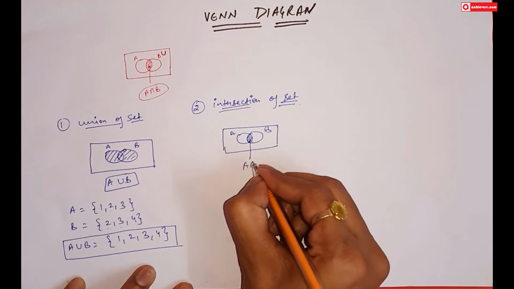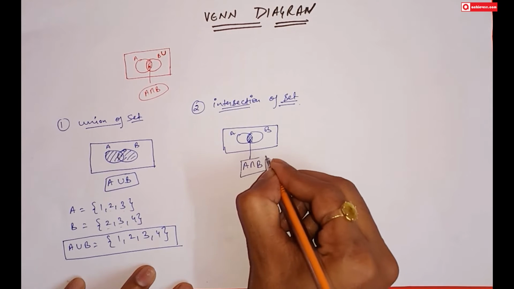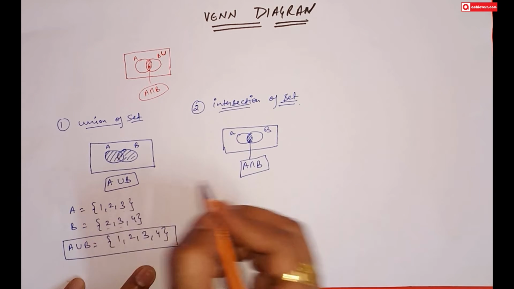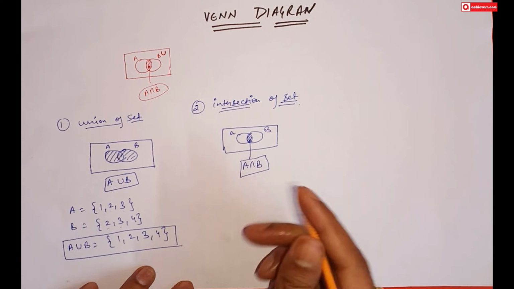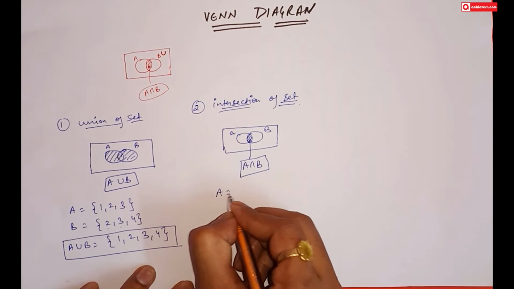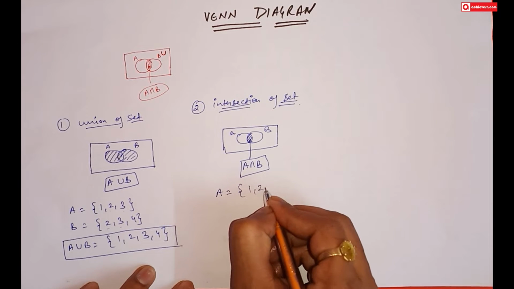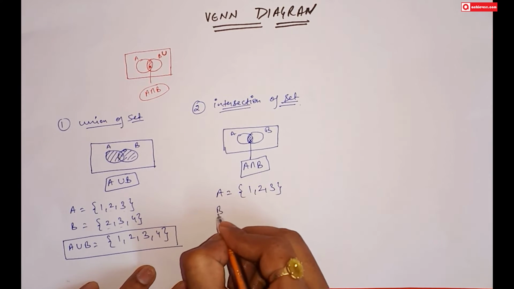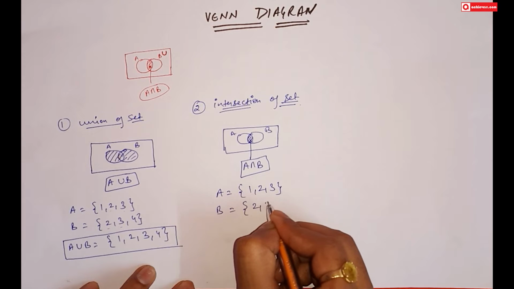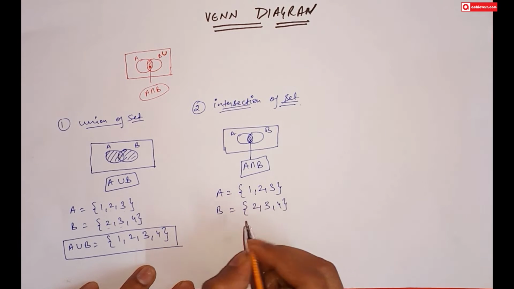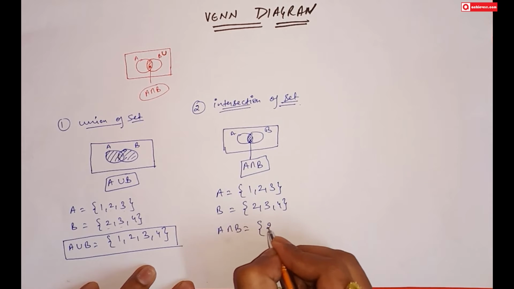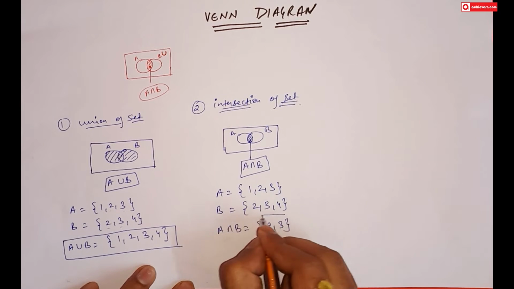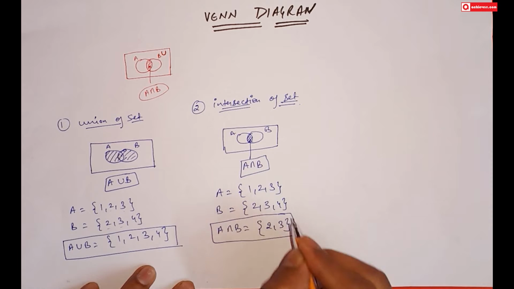This will be A intersection B, and this is the sign of union U, and this is the sign of intersection. So for example, we will take the same example, like 1, 2, 3 and B is 2, 3, 4. So A intersection B will be 2, 3, just the common part.